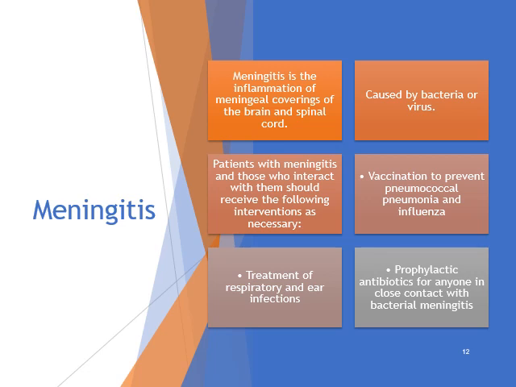They should have treatment of respiratory and ear infections. Eyes are very close to the brain and the meninges also, so eye infections, anything in the head can affect our meninges. Prophylactic antibiotics for anyone in close contact with bacterial meningitis.